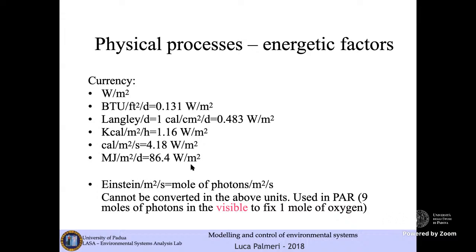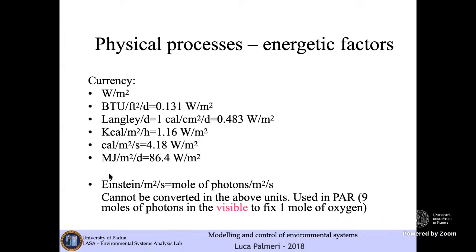One Einstein is a mole of photons. A mole is 6.02 10 to the 23 photons. You may measure the quantity of energy in moles of photons per square meter per second. So this is a flow, a surface density flow of energy.